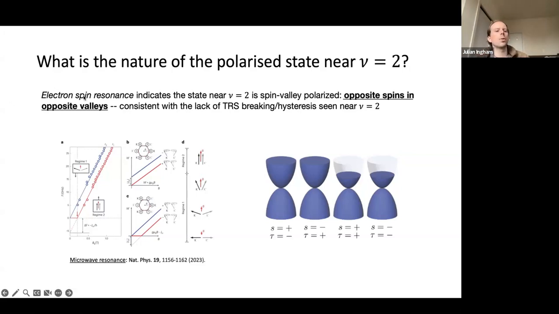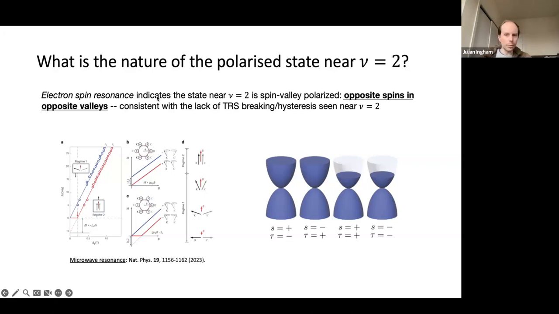And so this is working within the polarized state that lives above the superconducting and correlated insulators that sets in somewhere around 25 Kelvin. And by looking at how the collective modes indicated by these resonances behave in a magnetic field, it's possible to infer that the polarized state actually consists of opposite spins in opposite valleys.